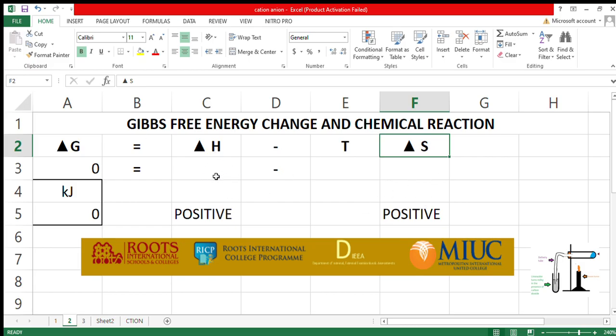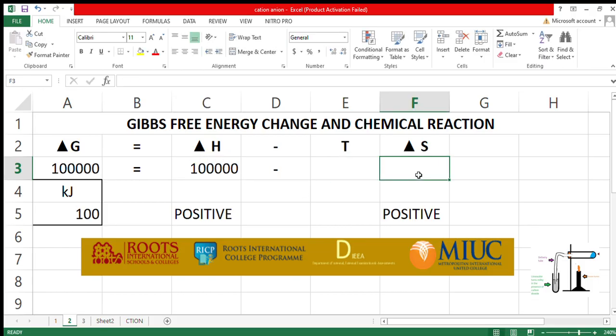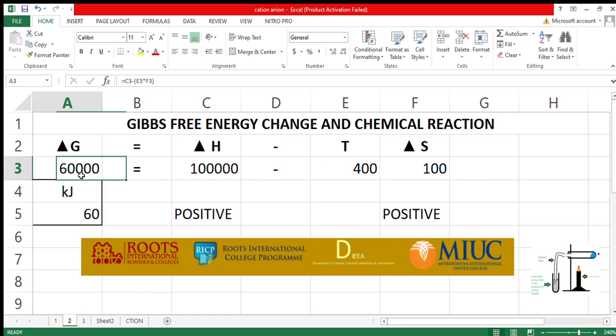For example, I write the value 100,000 and the entropy change, that is 100, and the reaction is taking place at 400 Kelvin. So as you can see, this Gibbs free energy change is positive. It means this particular chemical reaction will not be feasible.